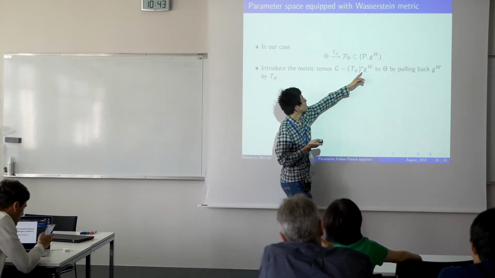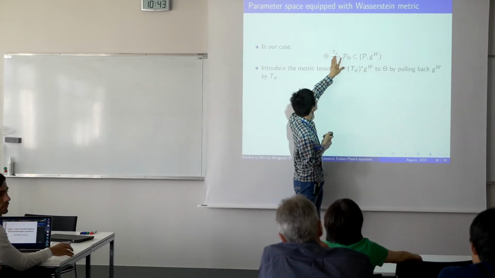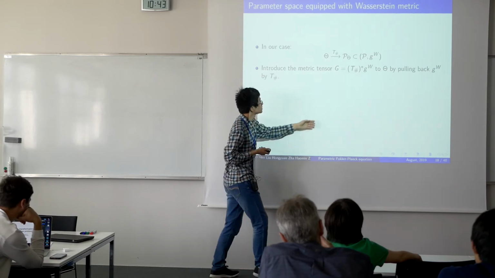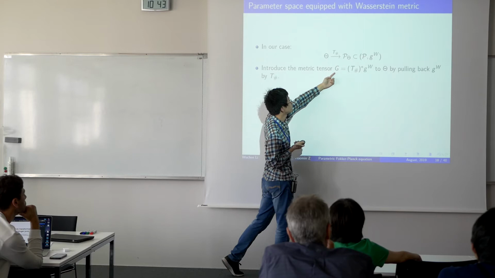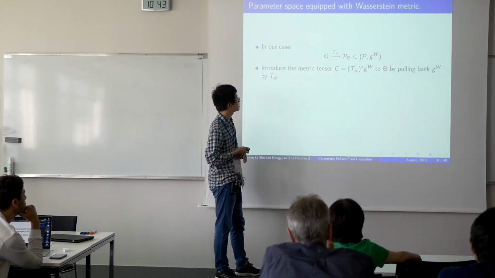We already have a metric GW on the Wasserstein manifold. We want to use this map to pull back GW onto theta. That is exactly what we want to compute. We call the pullback metric capital G.